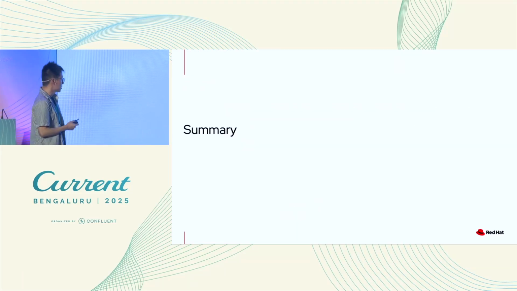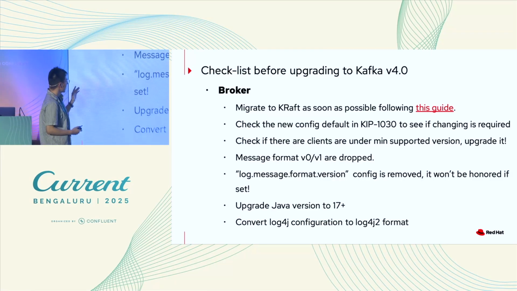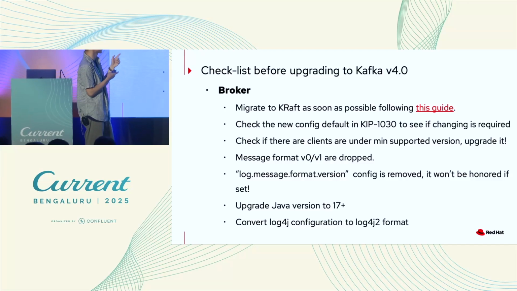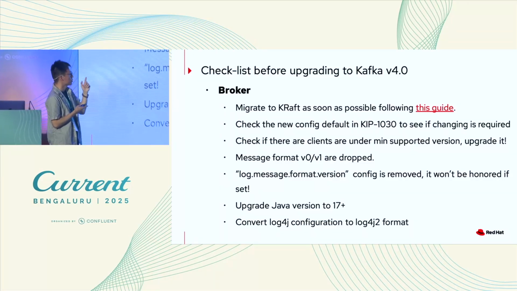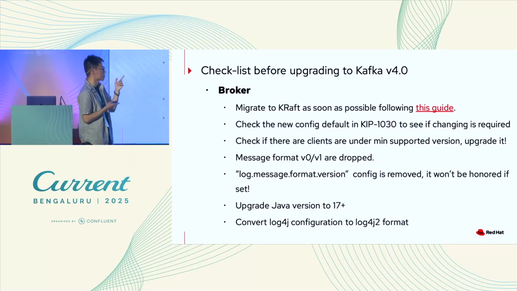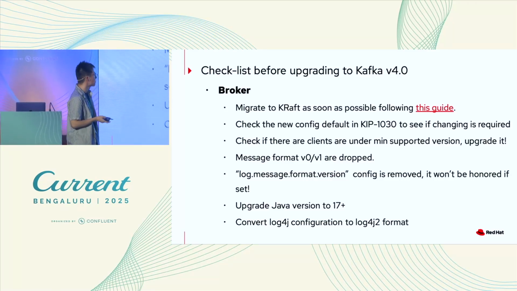Okay, time is not much left, so let's jump to the summary. Here are some of the checklists for you before you upgrade your Kafka to 4.0. First, broker side. Please migrate your cluster to KRaft as soon as possible. And then check the default value changes in KIP-1030 to see if any changes you want in your broker.